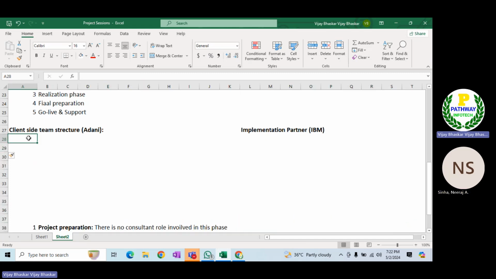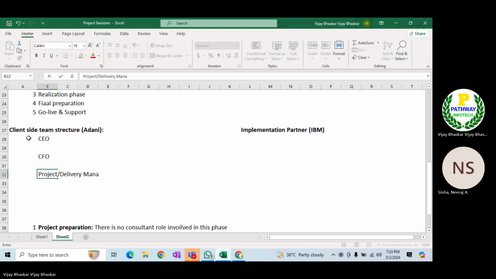So now, how will the client side team structure be? CEO, then CFO, the Chief Financial Officer, and the project and delivery manager will be there.